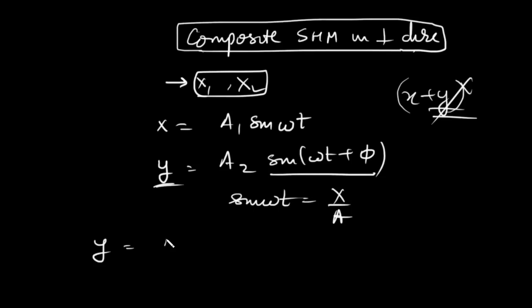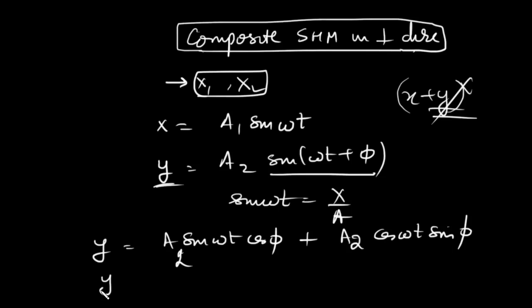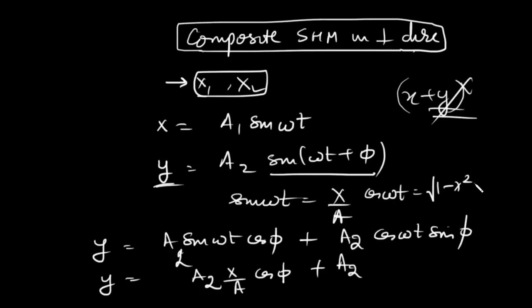So y we have A2 sine omega t cos phi plus A2 cos omega t sine phi. So y will be equal to A2 times what is sine omega t, x upon a times cos of phi, plus A2 what was cos omega t. Now cos omega t will be equal to under root 1 minus x square by a square.